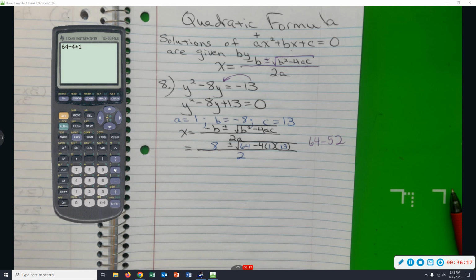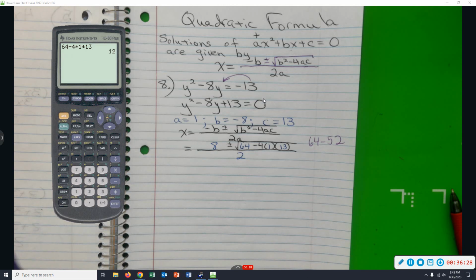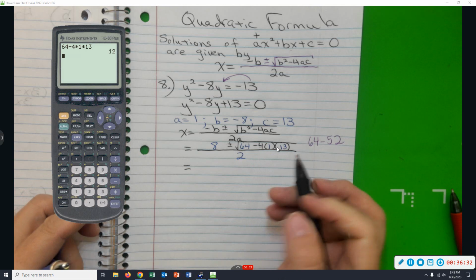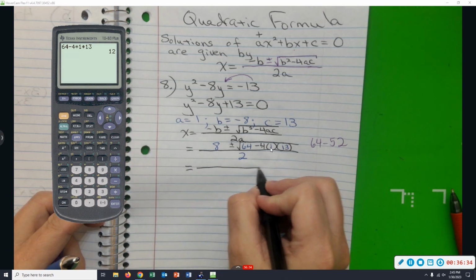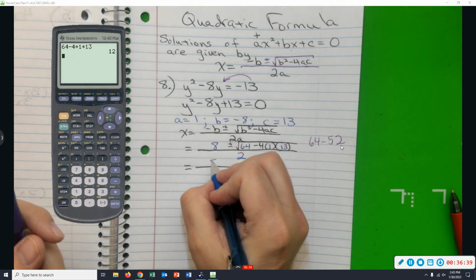And to demonstrate your thought process, I'm punching it into a calculator. Okay, I'm getting a 12 under the radical. 4 times 1 is 4, times 13, 52.